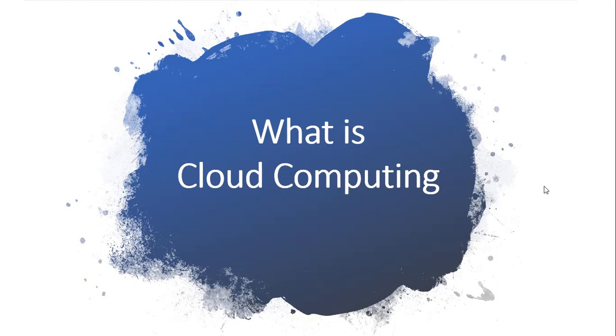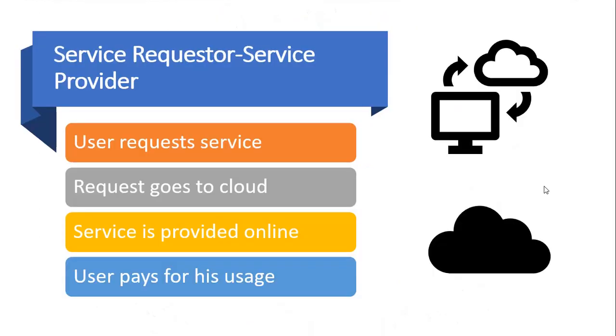Now let's try to understand this with an example. What we have here is a service requester, service provider scenario. So I have a user who's requesting a service. The request goes to the cloud. Now when I say cloud, think of cloud as a bunch of servers online over the internet that can be accessed by anyone from anywhere with the right access.